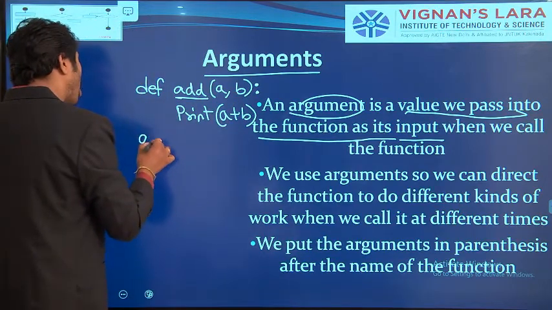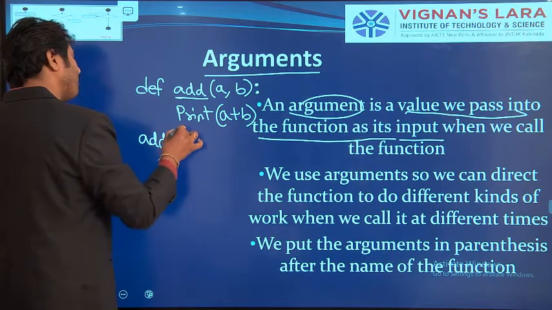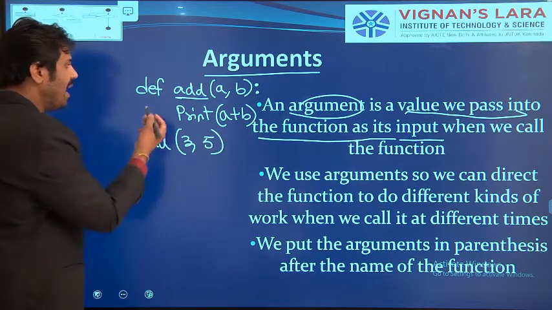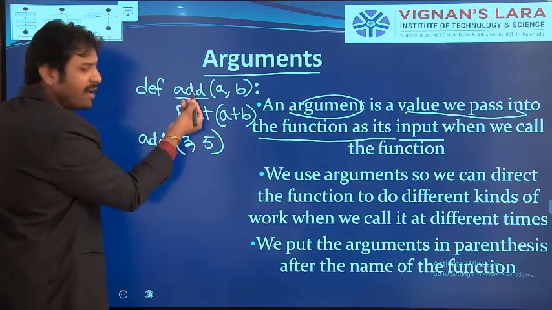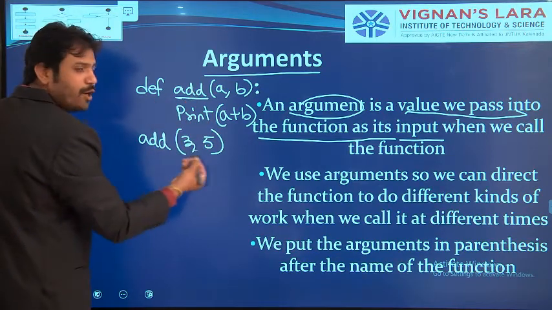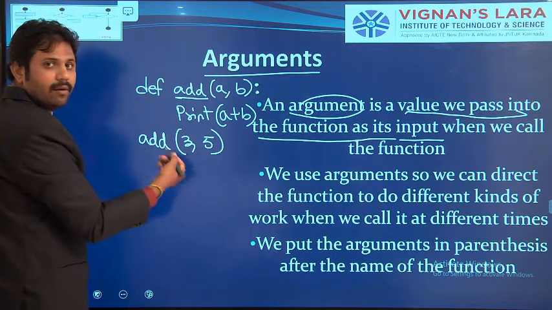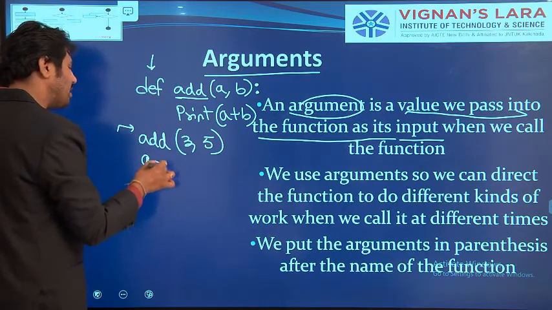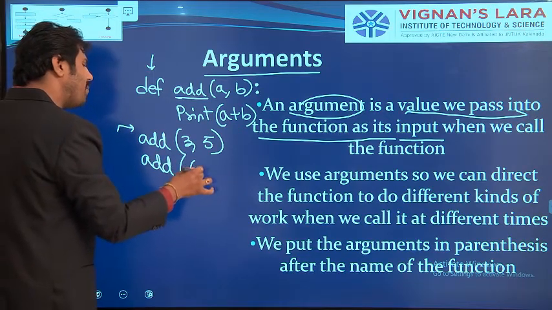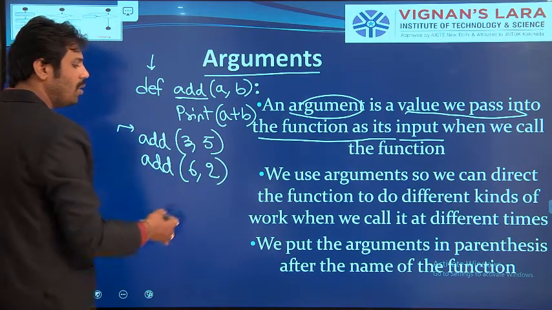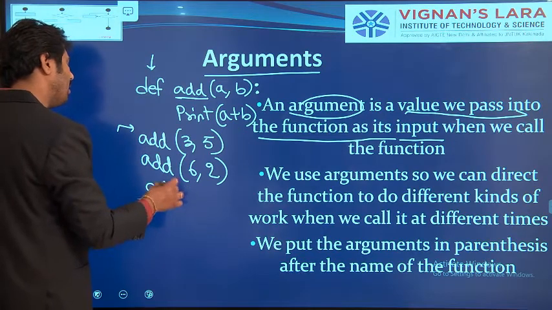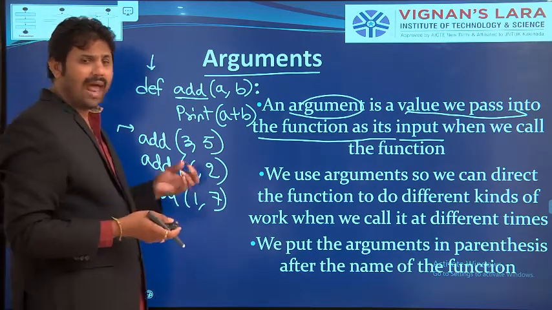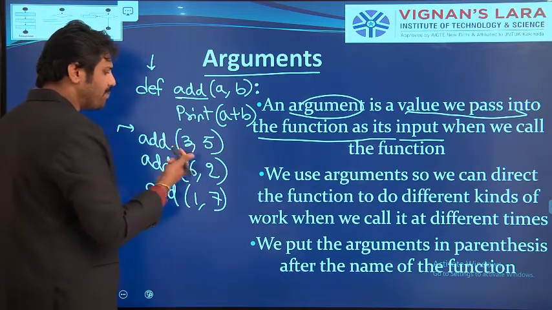So if I call add 3, 5, this is function defining. So this is defining, and this is calling the declared function. Next, add 6, 2. Next, add 1, 7. Let us observe.